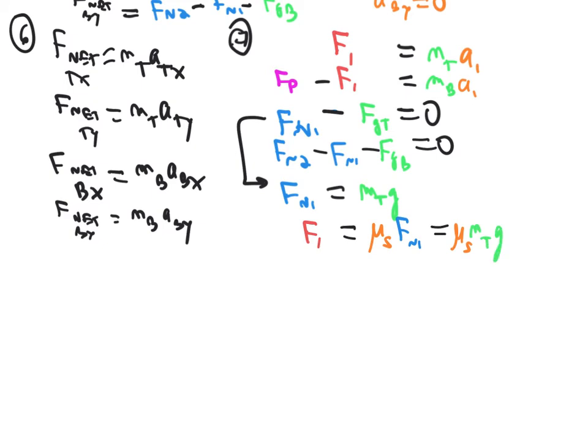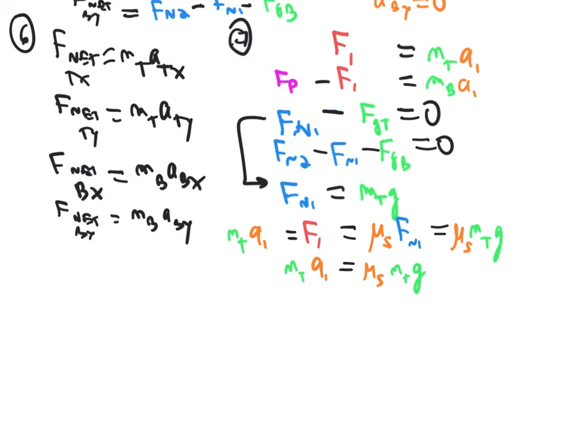But remember that from over here, we can also say that F1 is mt A1, which means that it must be that mt A1 equals mu static times mt times g.